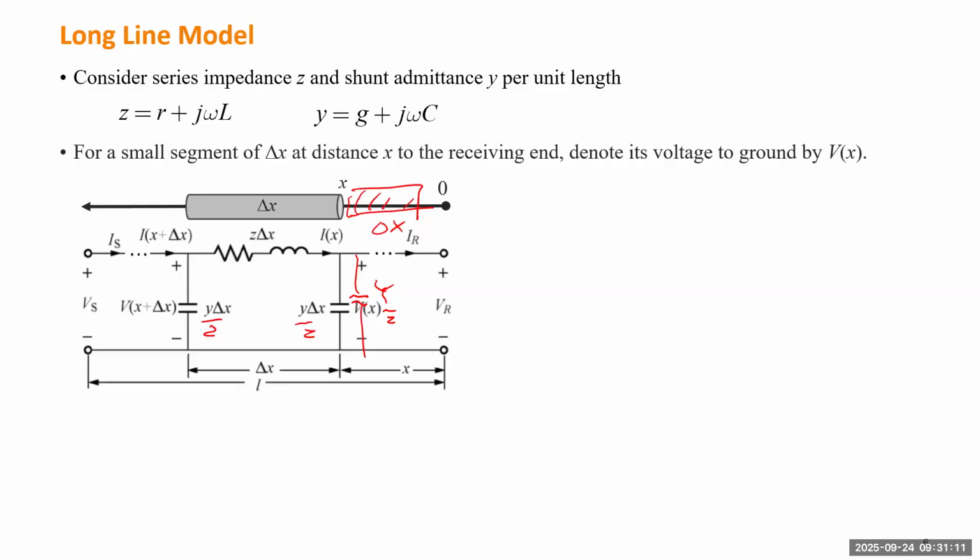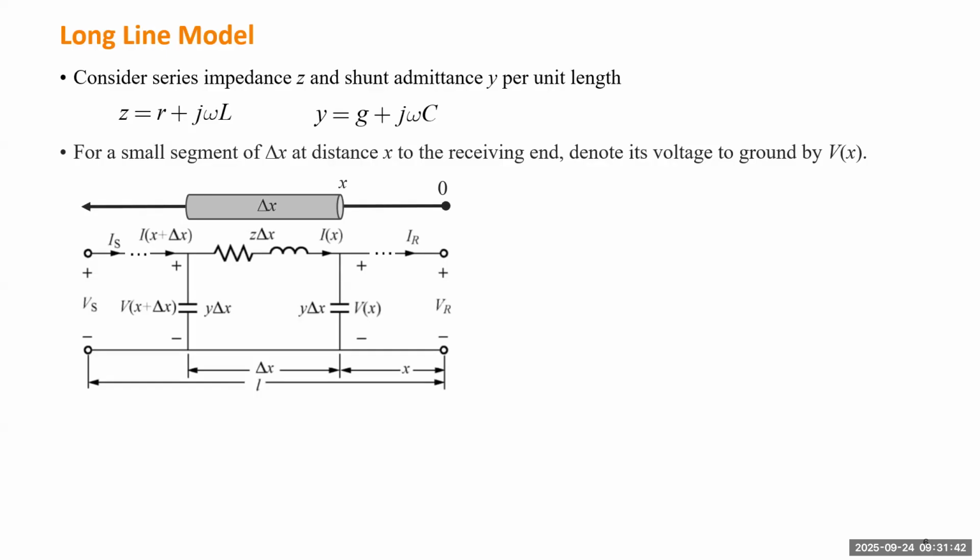They just connect together, so this one combined with that one will give you 1 y. So either way, you treat each segment as a pi model with half y on each side, and that one is directly connected with another half y on the neighboring segment, or you simply take a gamma model and put a y on one side.